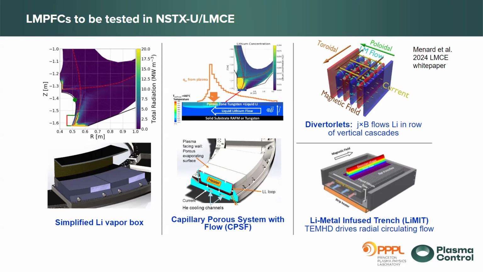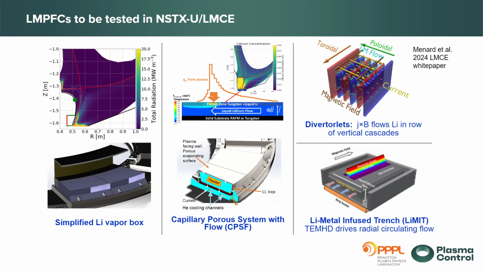Instead of a large surface area, you can have a smaller scale, like divergulates, where the flow goes up and down instead of across the magnetic fields. And also you have LIMIT, which is these trenches that are powered by thermoelectricity. So when you have thermal gradients in these tiles, it generates induced currents.